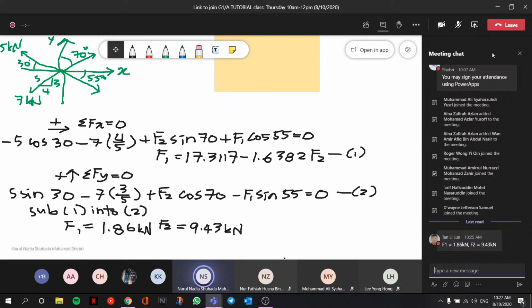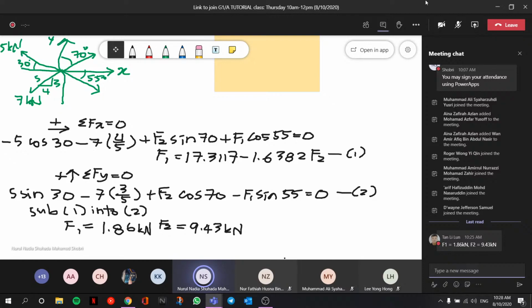It is negative because it is in the negative axis of x, and then 7 times 4 over 5.